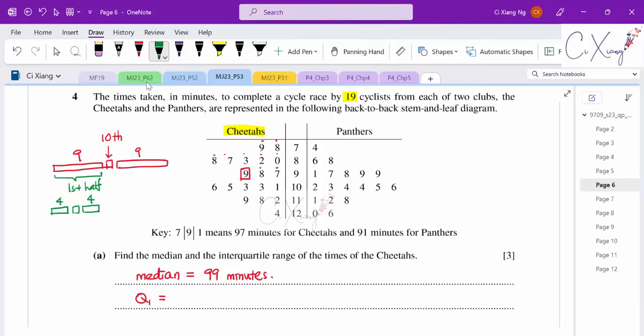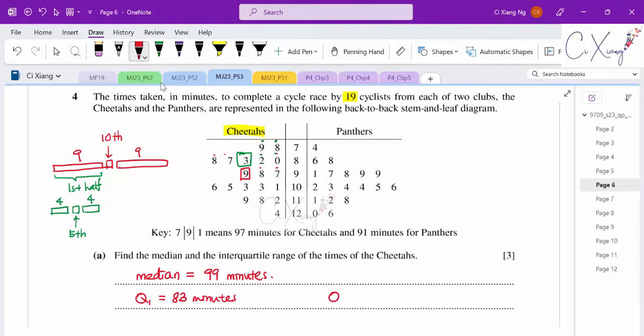So 4 plus 1 plus 4 equals 9 values in total. The value in the center is my 5th value. To get Q1, I count from the beginning until the 5th value: 1, 2, 3, 4, 5. This is the 5th value, and it will be our Q1. So I write out Q1 first. It will be 83 minutes.